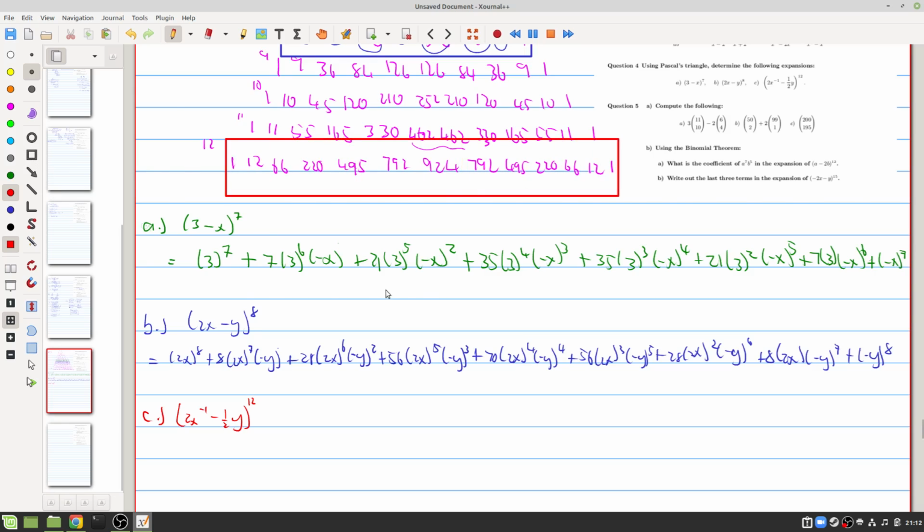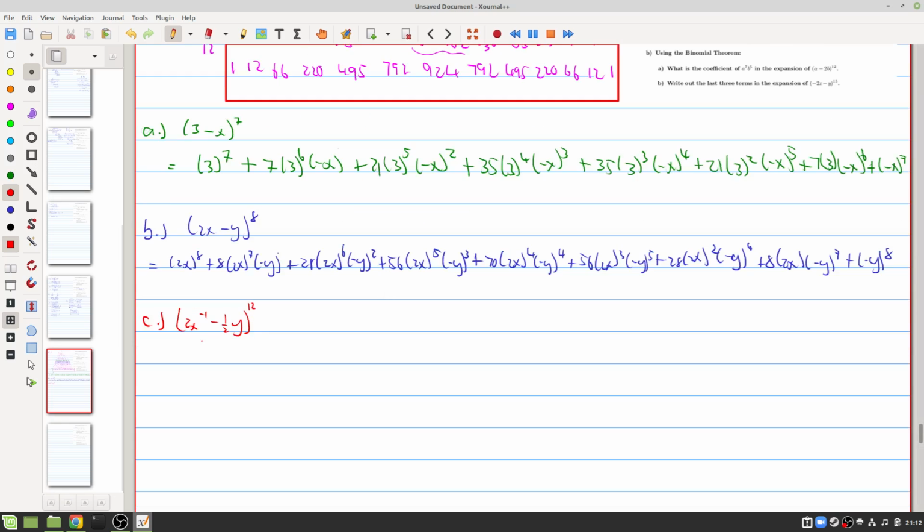Alright, so let's write it out. Okay, we're probably going to use 2 lines for this. So again, we start off with our first term to the power 12. Plus, now our next coefficient is 12, so plus 12, first term to the power 11, and then second term to the power 1.